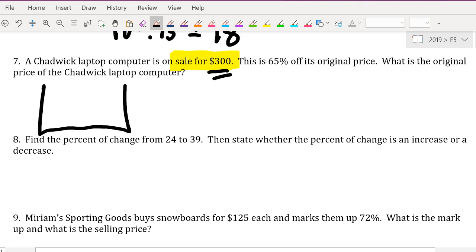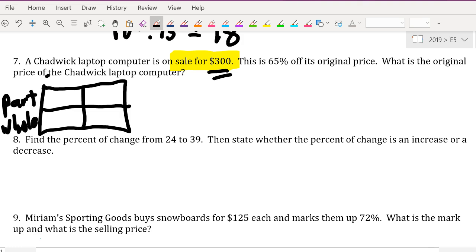So here we go. I'm going to draw my box. Part and whole. Amount and percent. So 100's always on the bottom right. The computer's on sale for $300. Is 300 the part or the whole? It's the part. And we don't know the whole yet.